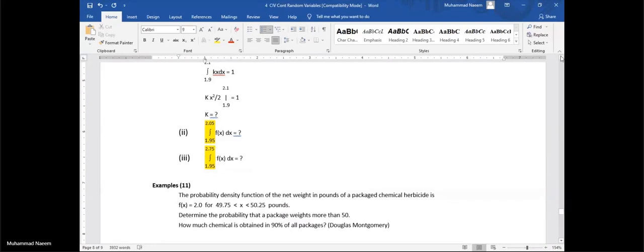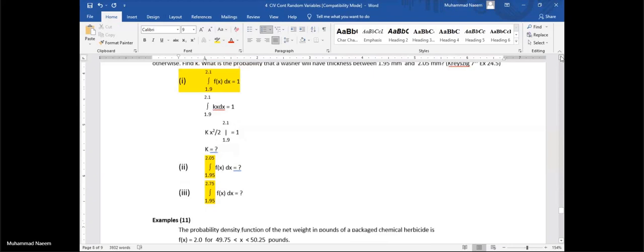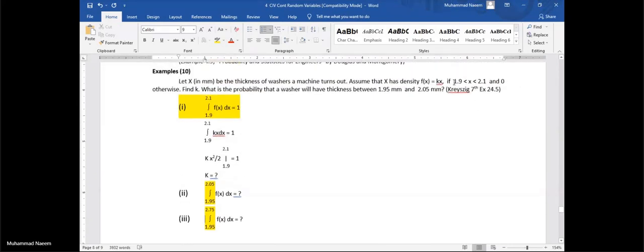Remember this, very important. As our range is just from 1.9 to 2.1, probability does not exist beyond the range of this x. So we will just integrate this function from 1.95 to the limit where the probability exists. Probability only exists till the limit of 2.1. So we will integrate this.